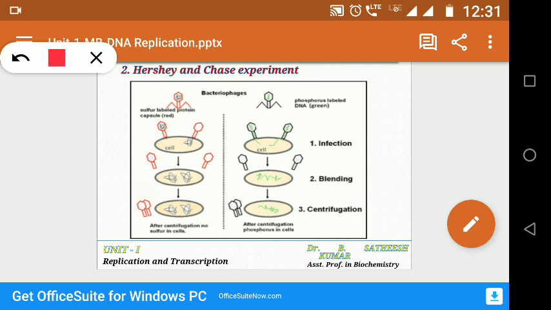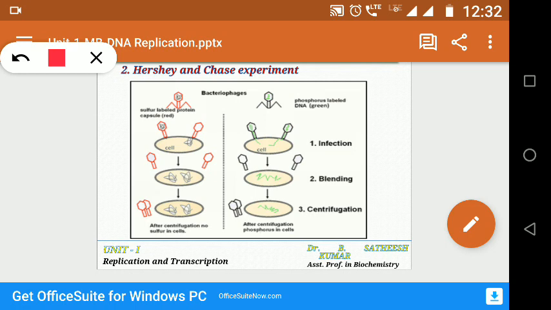When these bacteriophages were allowed to infect their host cell, the E. coli cell, and after some time they took those solutions and blended them, and therefore they removed the bacteriophage proteins from the bacteria.